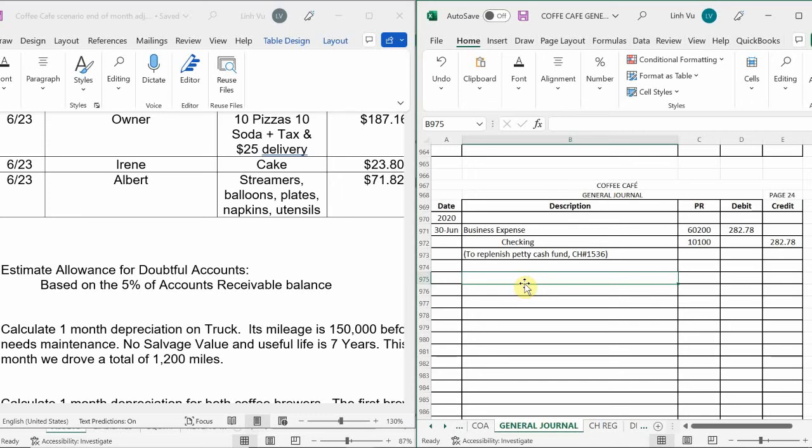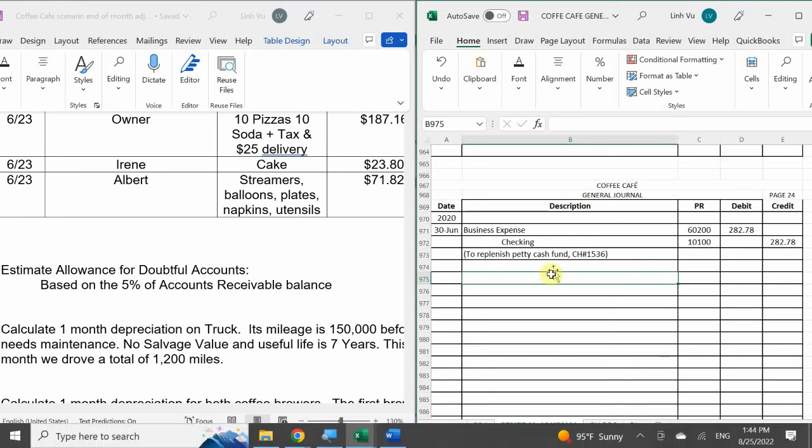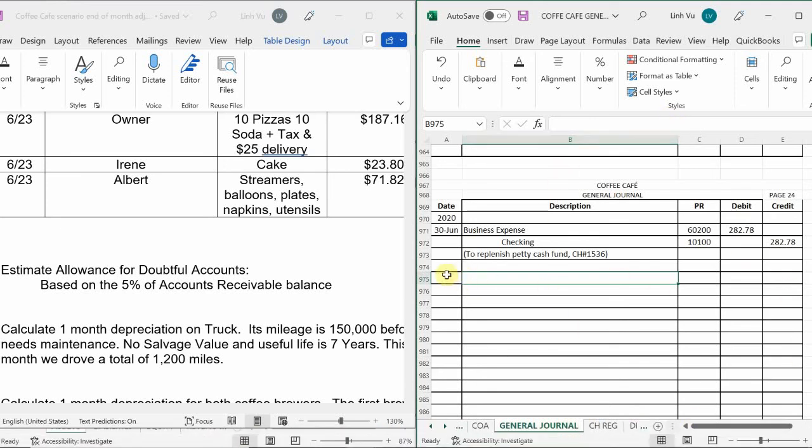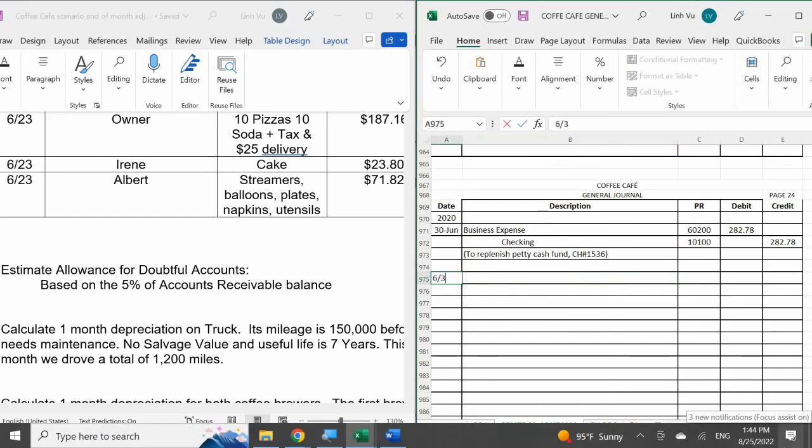We are using allowance method. Yes, but which allowance method? Oh, balance sheet method. Balance sheet method, right?